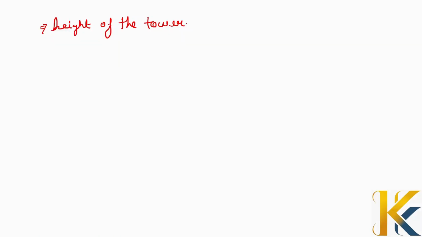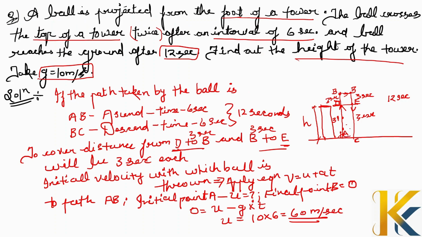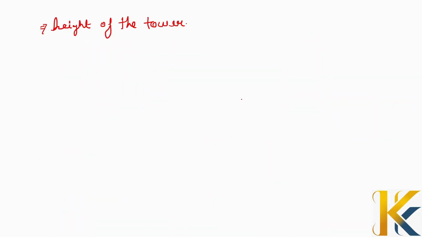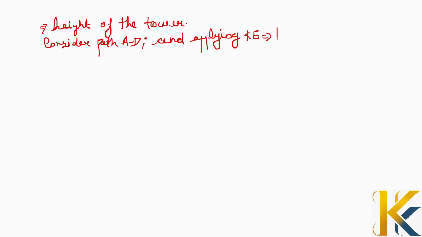Now, if I consider path A to D and apply the kinematic equation S is equal to ut plus half at square.